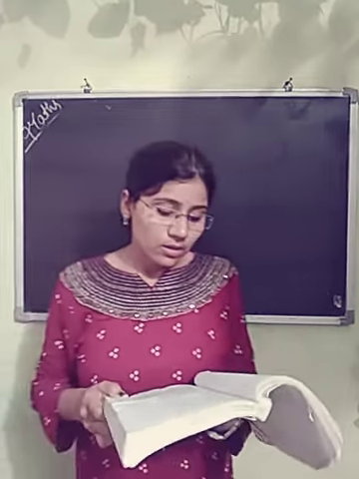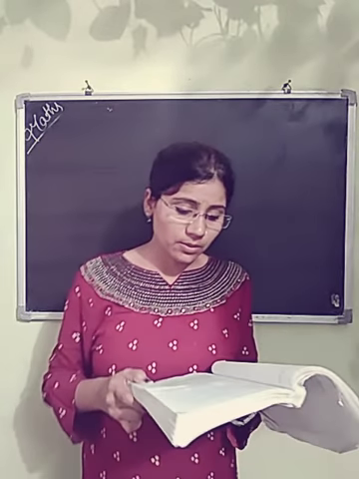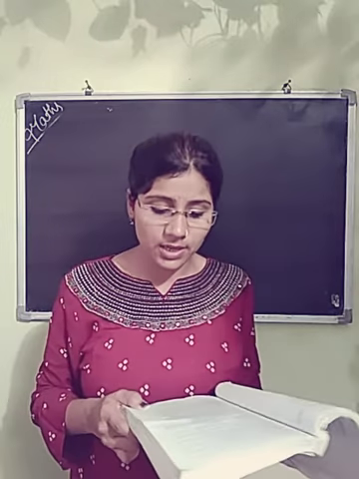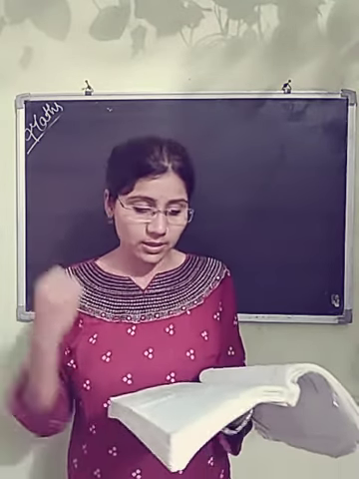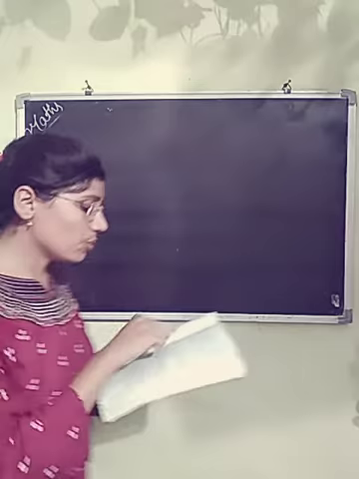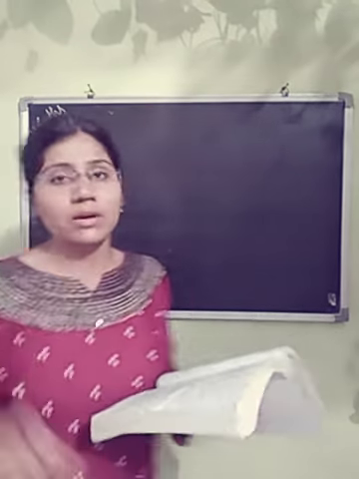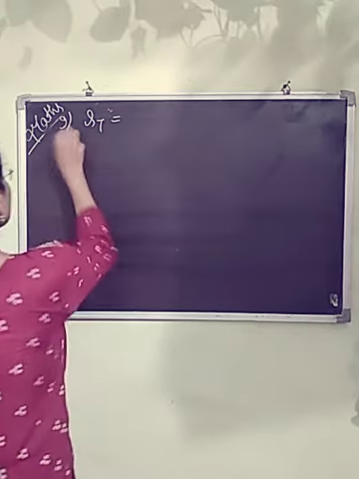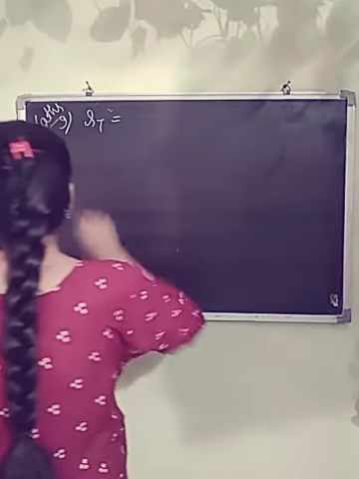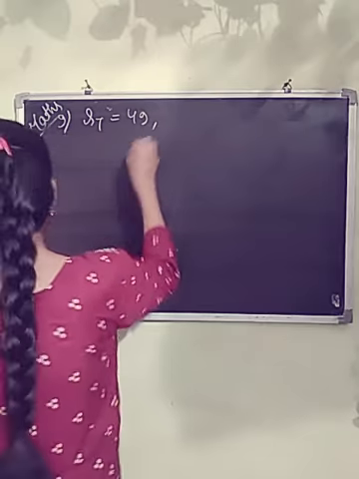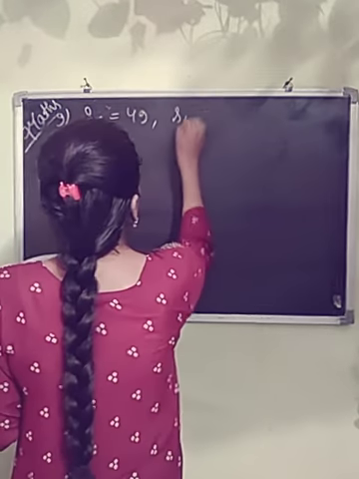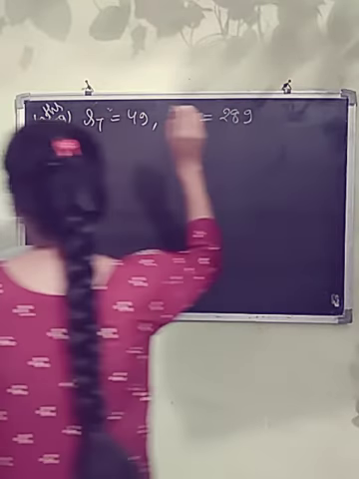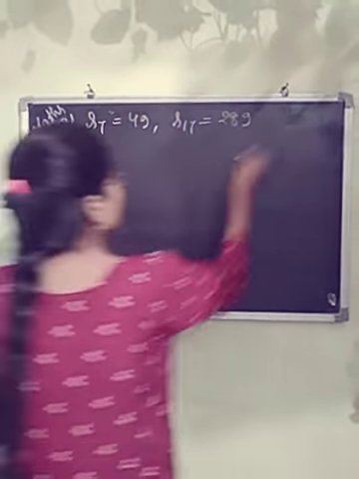If the sum of first 7 terms of an AP is 49, that of 17 terms is 289, find the sum of first n terms. So the question is sum of first 7 terms, that means S7, is 49, and S17 is given 289. Okay, and we need to find out Sn.